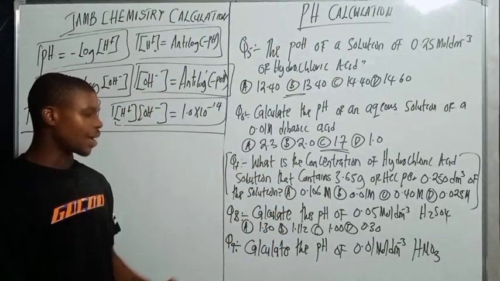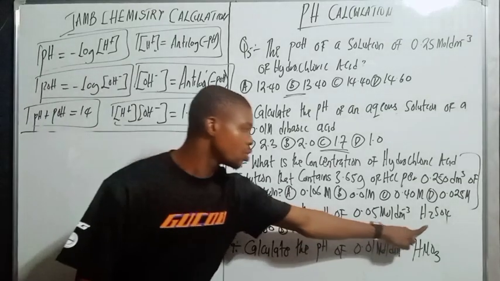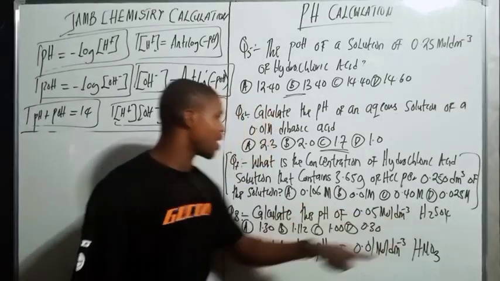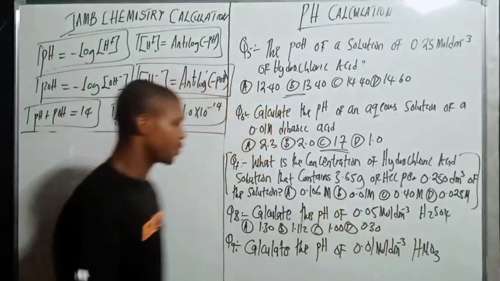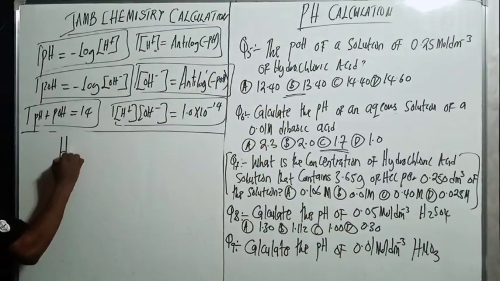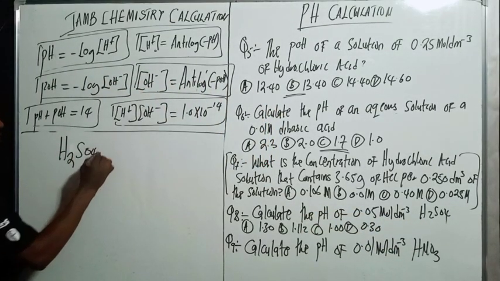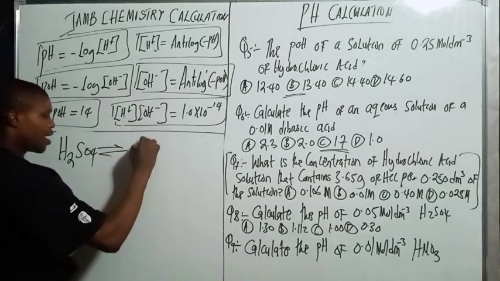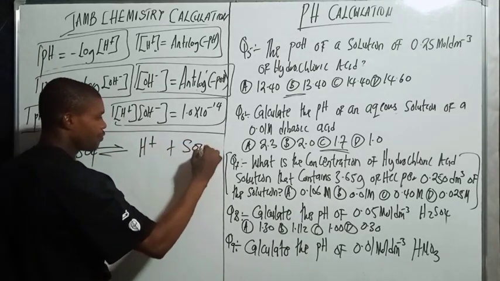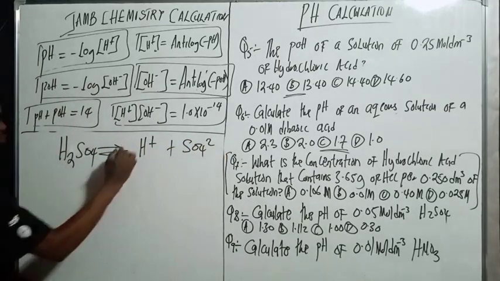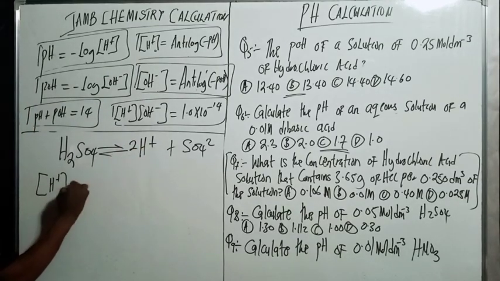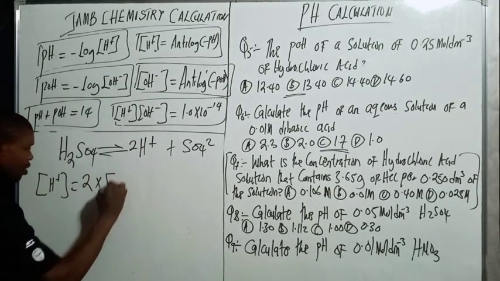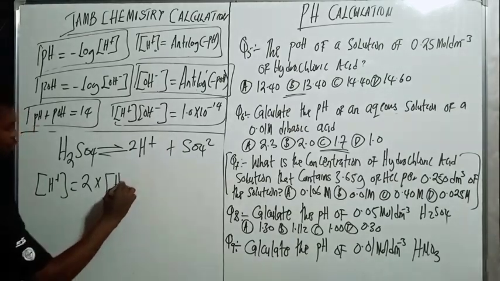So look at our question 8. Calculate pH. Now this one is just like the one we have done here. It is called a dibasic acid because here we have H2SO4. When you split it, you have H plus and SO4 2 minus, right? So you have two H plus. That is, H plus equals 2 times the concentration of H2SO4.